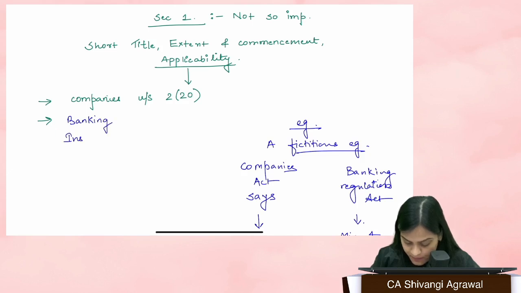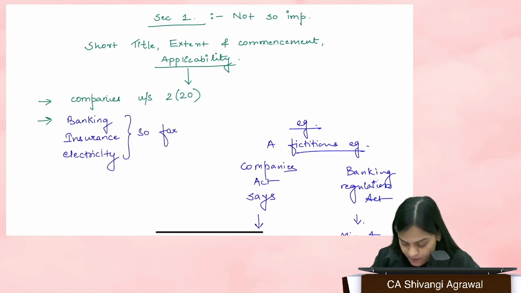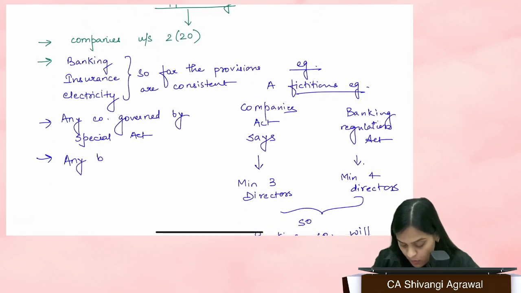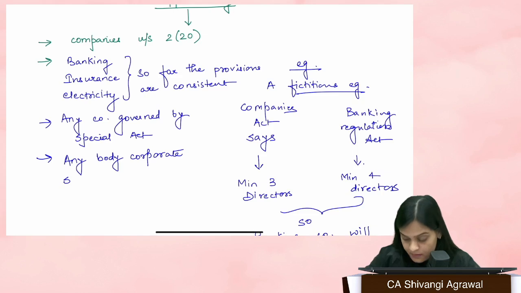Banking, insurance, electricity. So far, the provisions are consistent. Then any company governed by a special Act, and then any body corporate notified by CG.